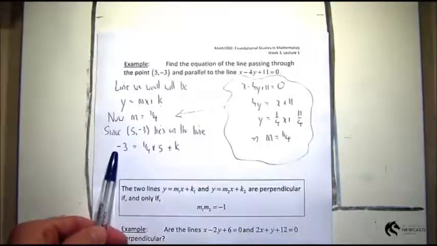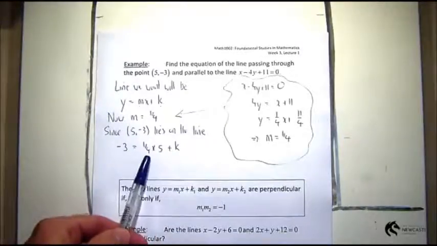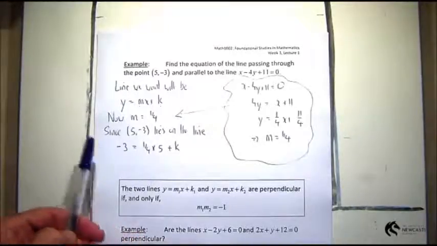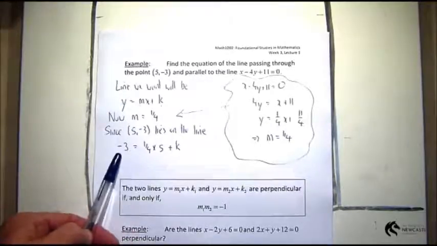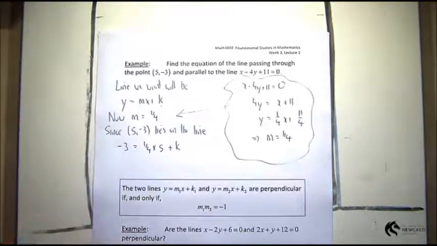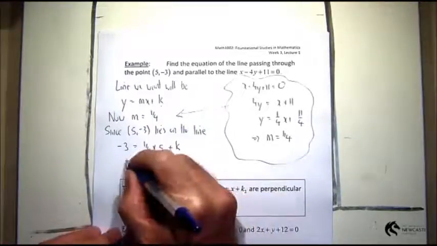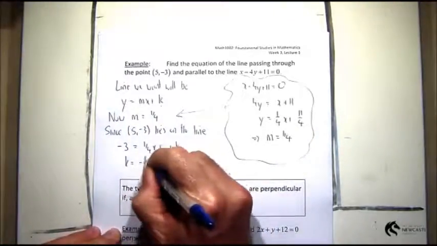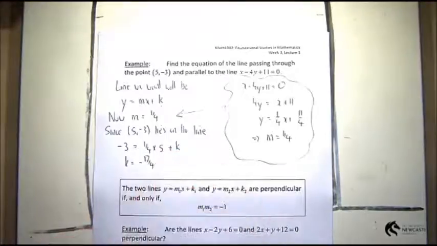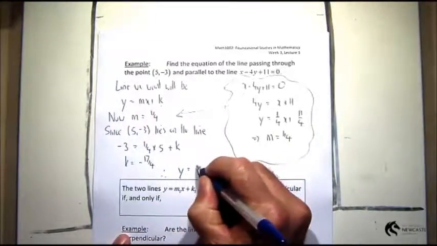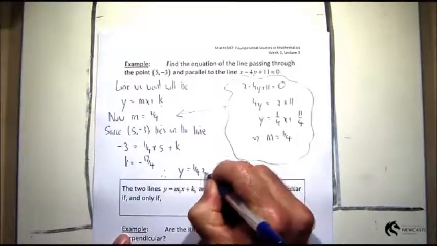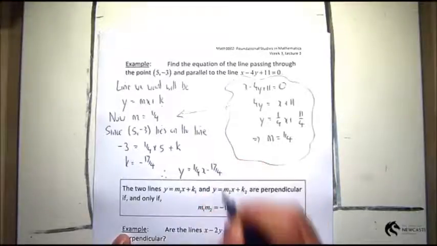So I've got minus 3 minus 5 on 4. Minus 3 is minus 12 on 4, so I'll add another 5, so that'll be minus 17 on 4 sitting there. So that says k is equal to minus 17 on 4. And my line is, therefore, the line that I'm after is y is equal to 1/4 x minus 17 on 4.